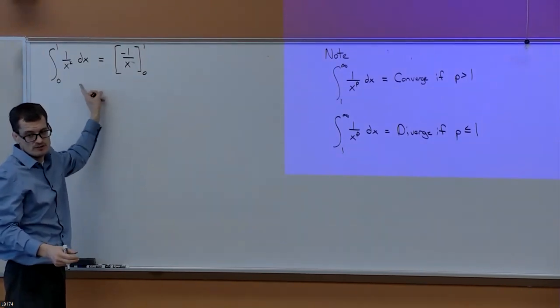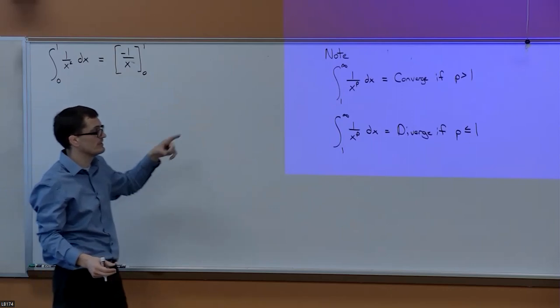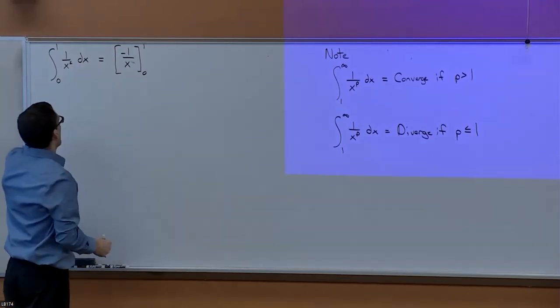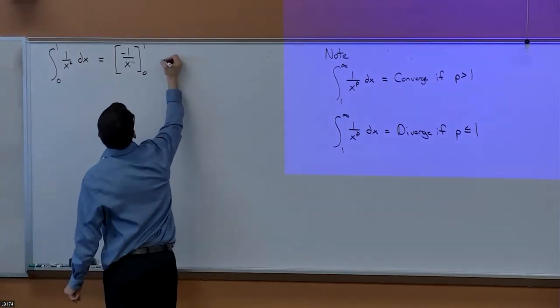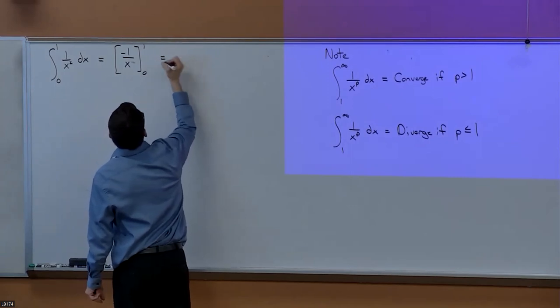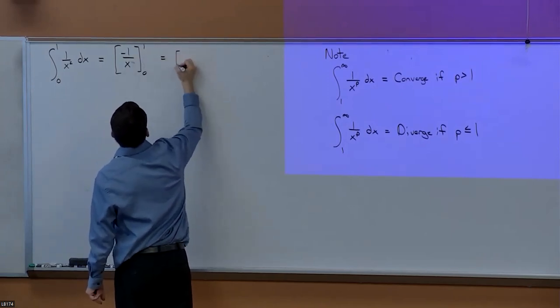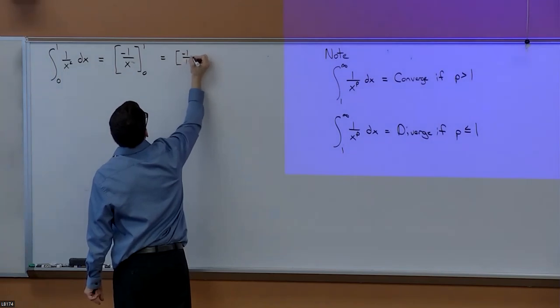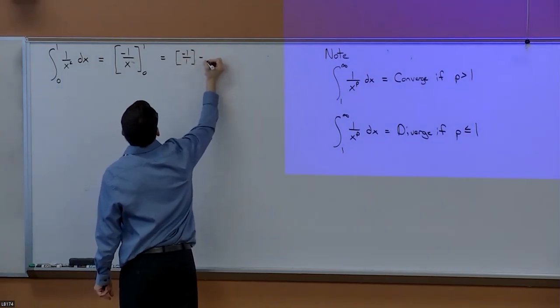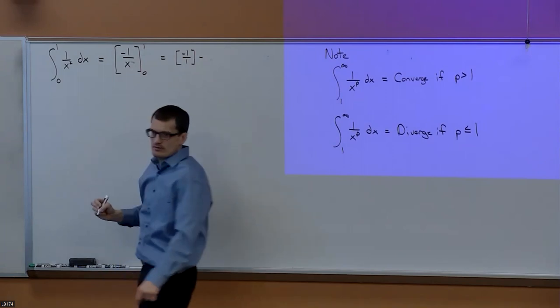If you don't remember that, we just did it when we did the other one. Now, plugging in 1 is not a problem. The problem comes when we try to plug in 0.